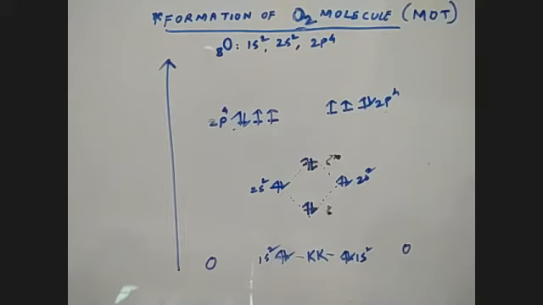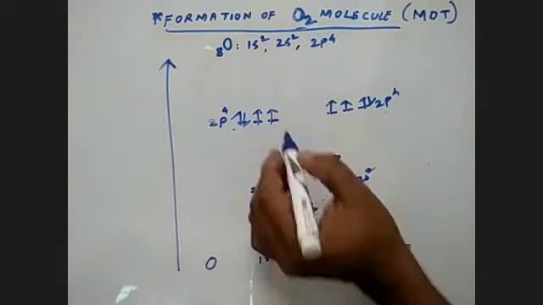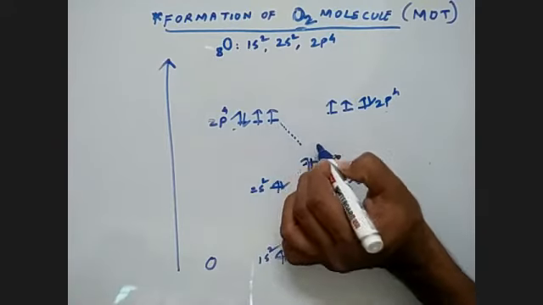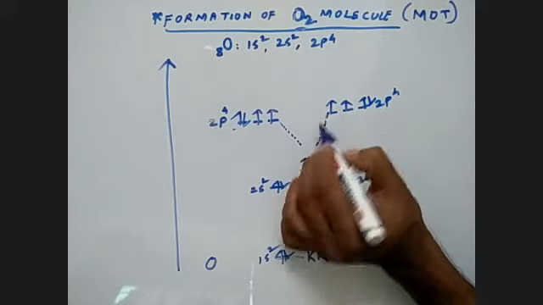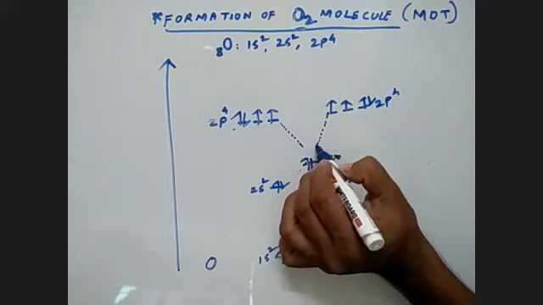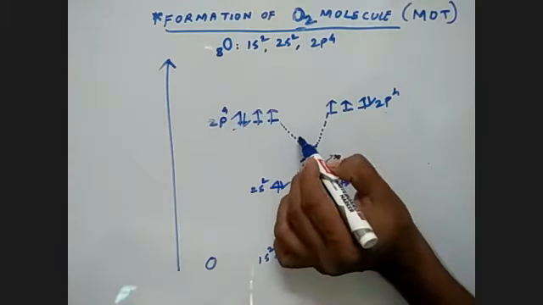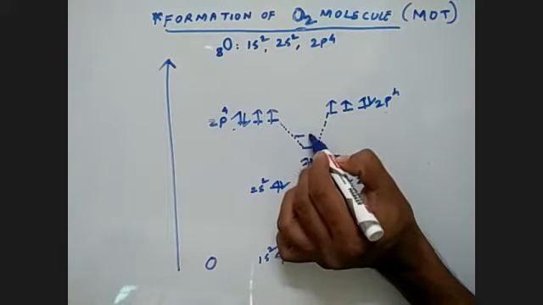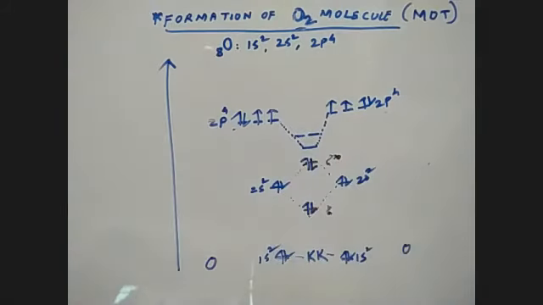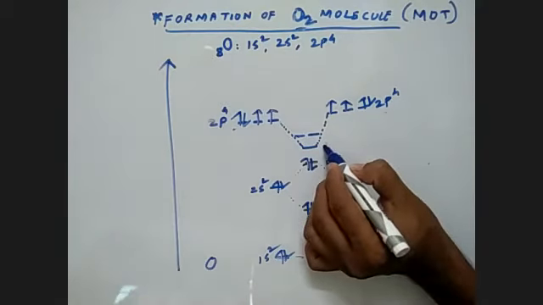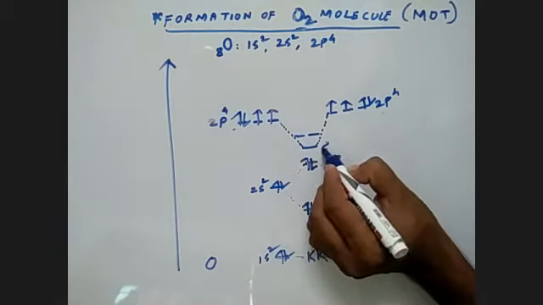So first you can draw like this also, no problem, but it is better to do like this. This first one is low in energy, it is pz, and the next two orbitals will be px, py. So this is sigma 2p.